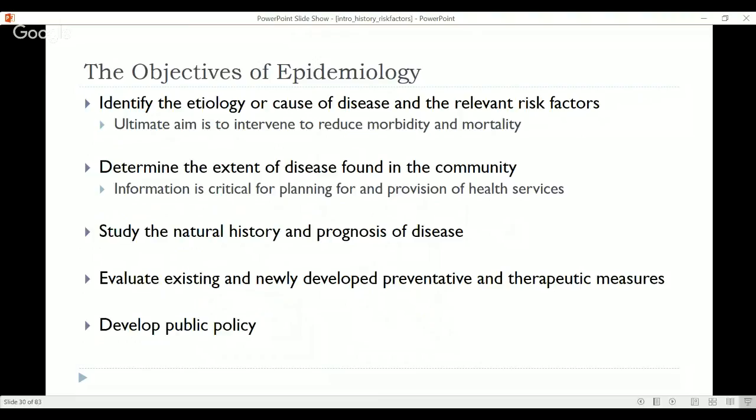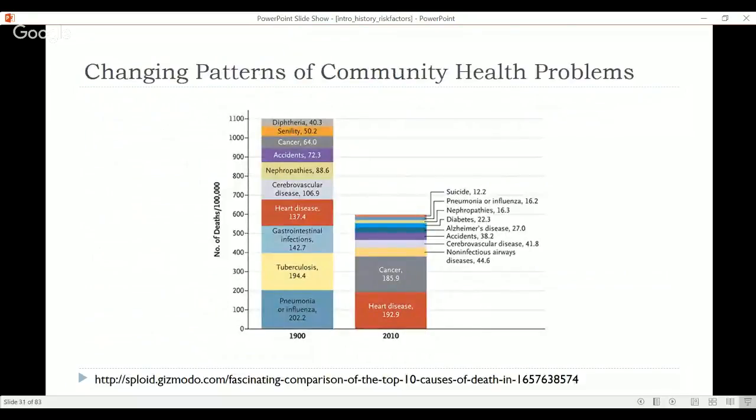You know, does this new drug change the number of cardiovascular diagnoses? The last objective of epidemiology is to develop public policy based on what we know from the distribution of the disease or the risk factors.